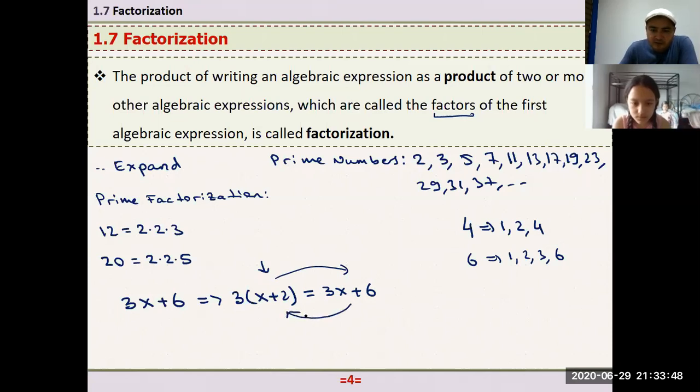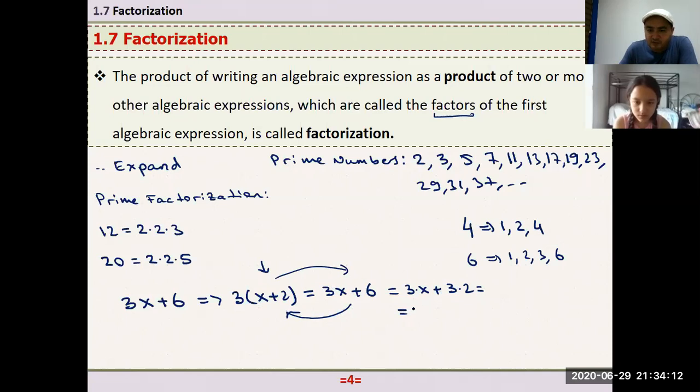All right, like this. If I'm given 3x plus 6, how can I change this into this form? That means how can I write this expression as a product of two or more algebraic expressions? That means here we need to find the common factor, right? This thing is 3 times x, and this thing is 3 times 2. Common factor is 3.